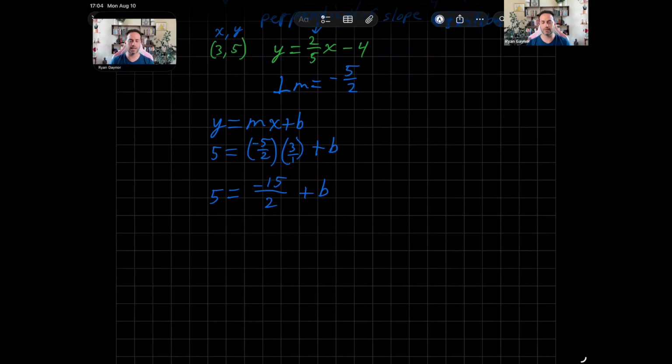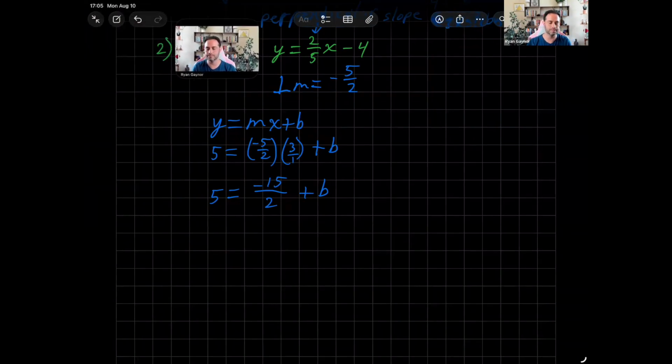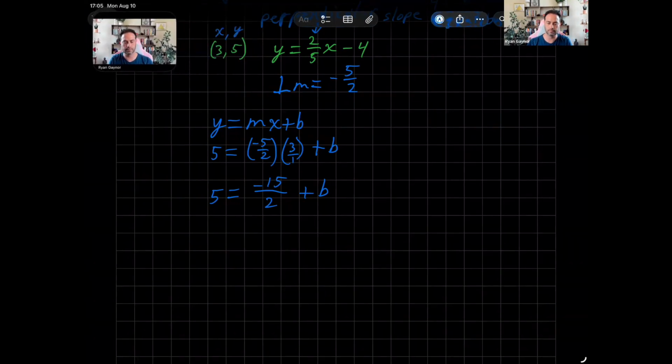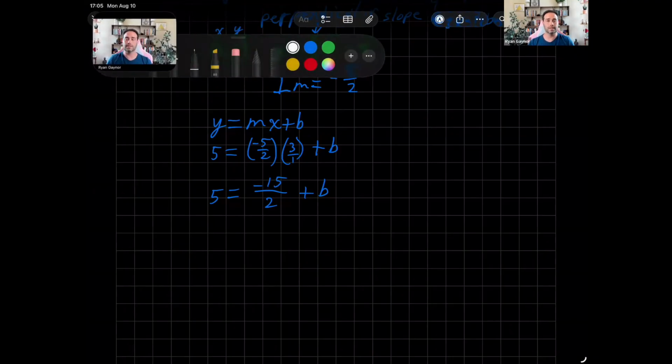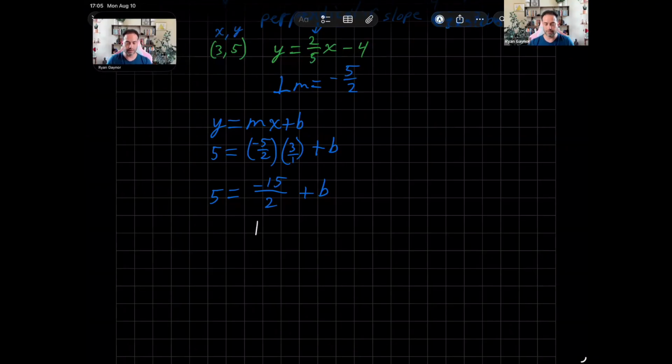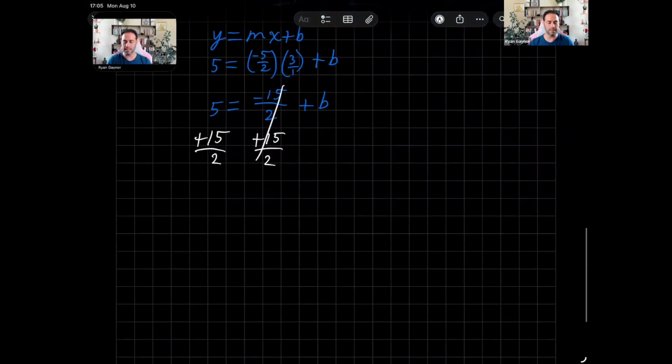Okay, so now we have to get b by itself. Negative 15 over 2 plus b. So we have to add the 15 over 2 to both sides. And we're running into that same problem again. I have to have the same denominator, and I don't.